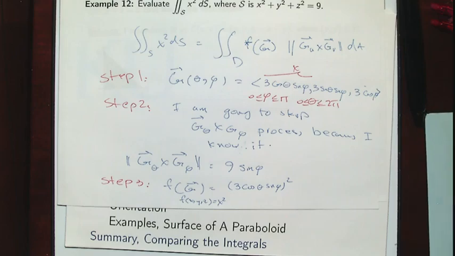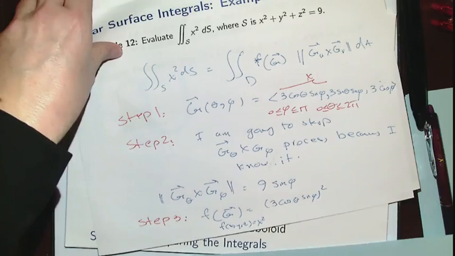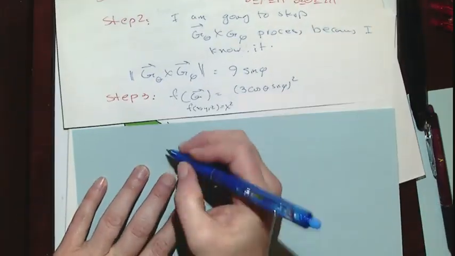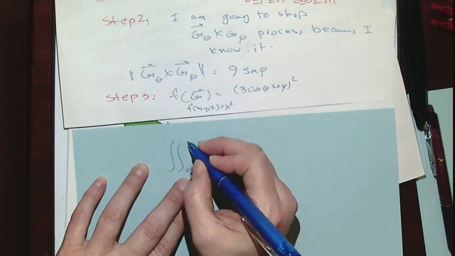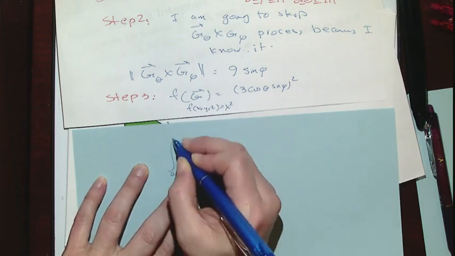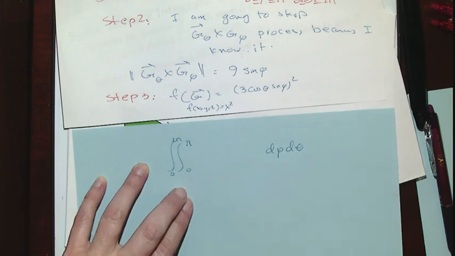Let's set this up. So it's going to be integral from 0 to pi, 0 to 2 pi, d phi d theta, agreed?